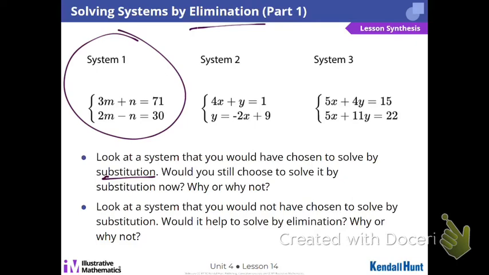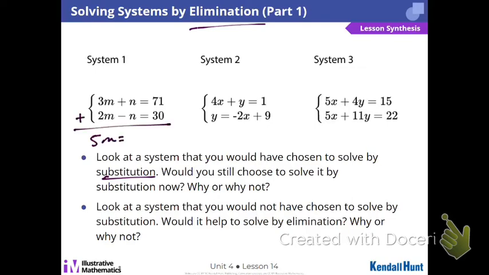Substitution is what we did yesterday. Elimination is what we worked on today. Yeah, I think this one screams elimination, because if we add them together, we get 5m equals 101. And we could solve for m then. The n's cancel out. Do you guys see those n's canceling?